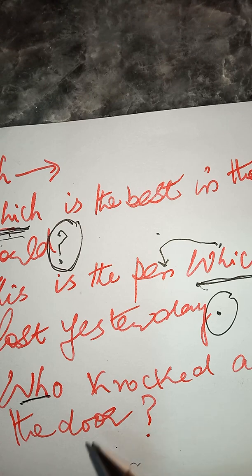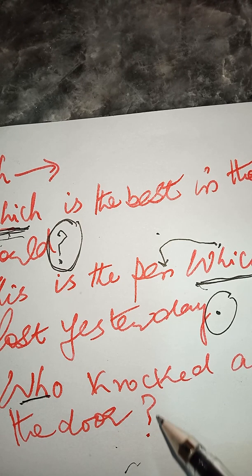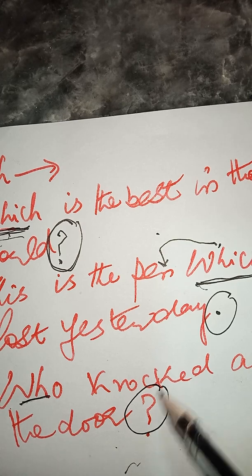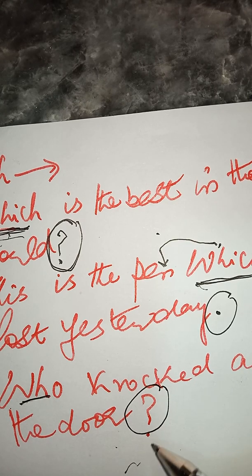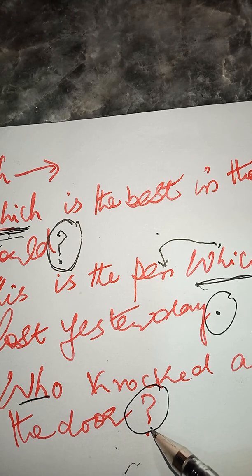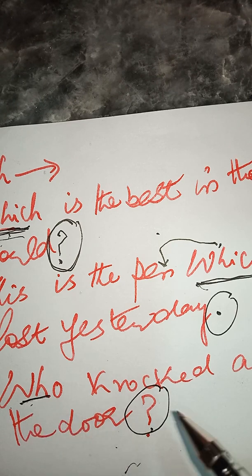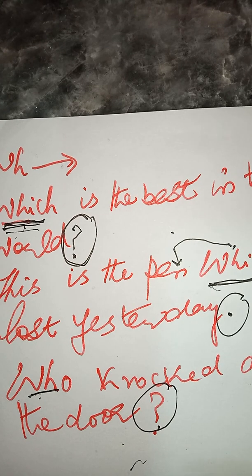Number one, we will have to see if it is an interrogative pronoun, so it must have an interrogation mark, a question mark, so it must be at the end. As it contains a question mark, this word that belongs to the WH family and asks a question, and at the end there is a question mark, it means that it is an interrogative pronoun.